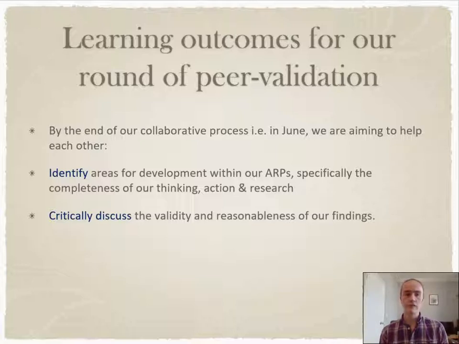The other function of peer validation is that we're discussing the validity, the reasonableness of our findings. Again, we're just trying to shake those and rattle them a bit, all within the purposes of improving our overall argument.